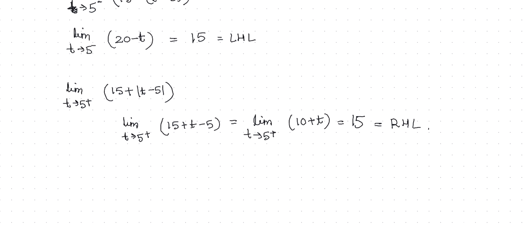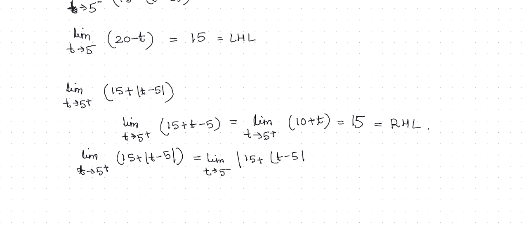So limit t tends to 5 plus 15 plus t minus 5 is equal to t minus 5. This is absolute value.